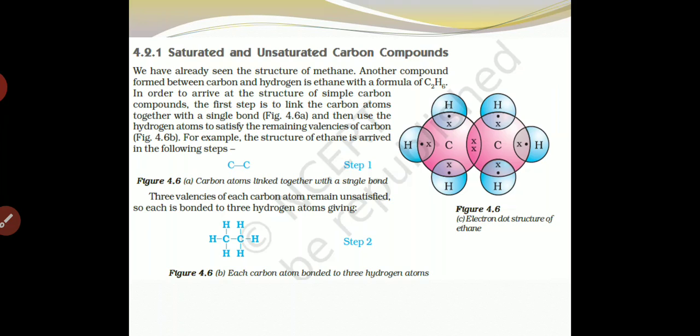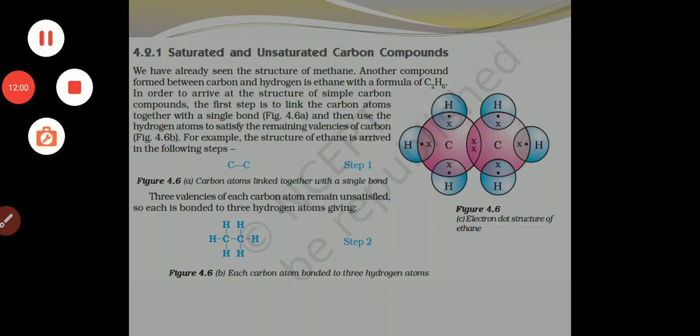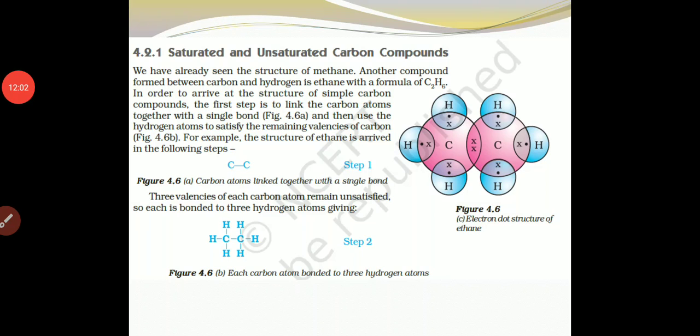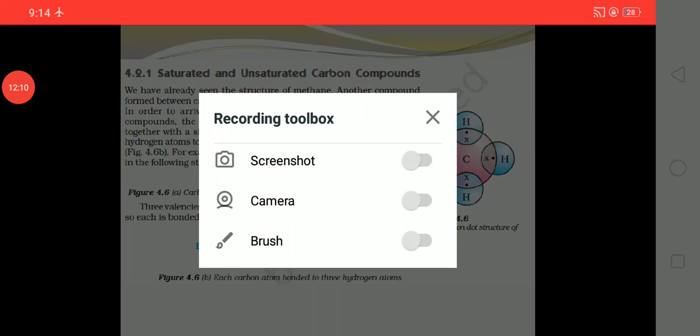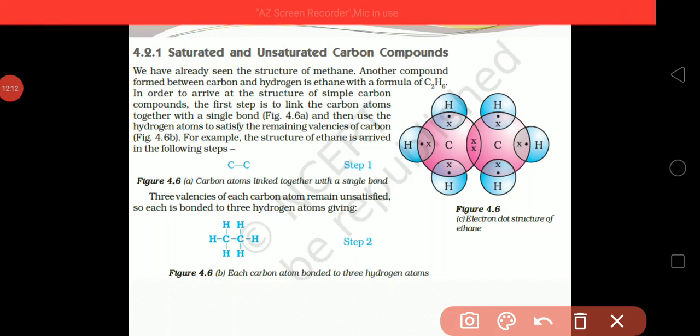Okay, so saturated and unsaturated carbon compounds. What are saturated and unsaturated carbon compounds? That we will study. You are familiar with saturated and unsaturated carbon compounds.